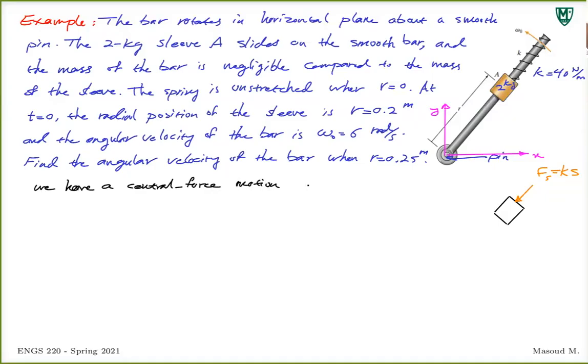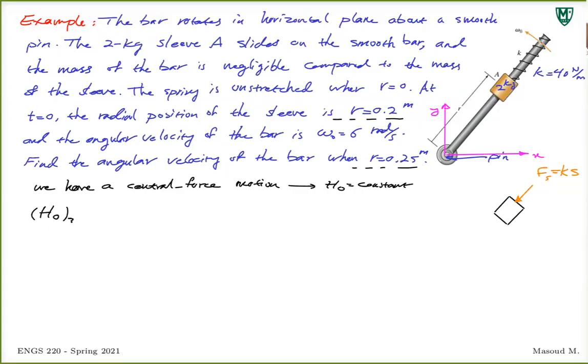Right? So angular momentum is constant during the motion, which means we are talking about two positions. Position 1 is when R is 0.2, position 2 when R is 0.25. All right.